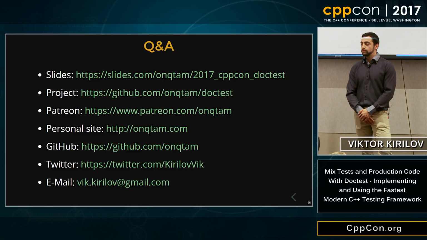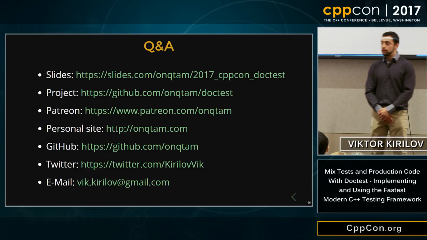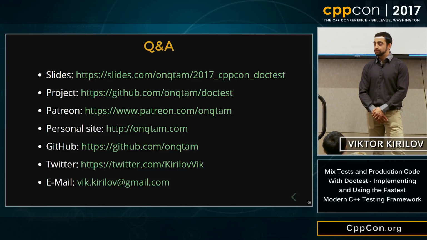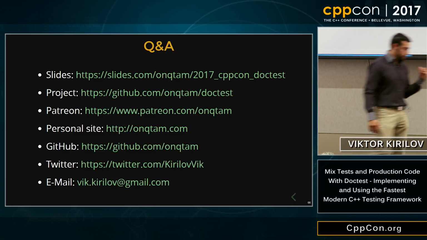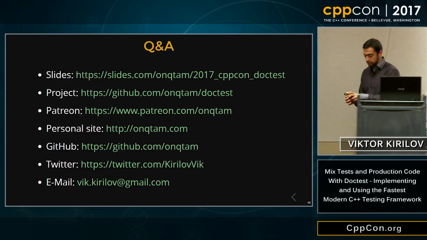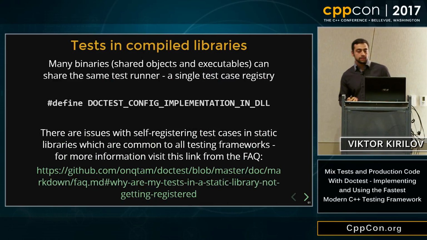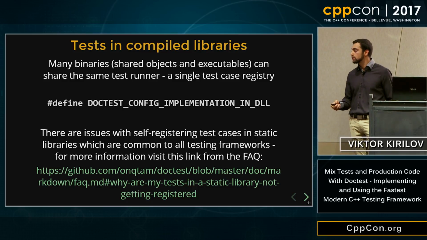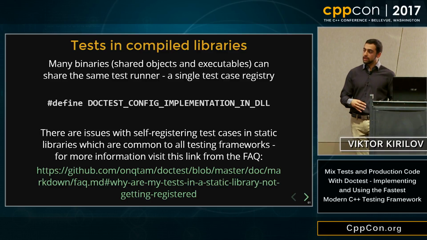And second question, do you have any special considerations for storing tests in libraries that are dynamically loaded? Yeah, well, the question is if tests can be stored in dynamically loaded libraries. Well, yes, if you use that identifier I showed, I'll show it now. This identifier, when you build all of your binaries and separate shared objects, only one of the binaries will export the test runner, and all of the rest of the binaries will have to link to it to share the same test runner.